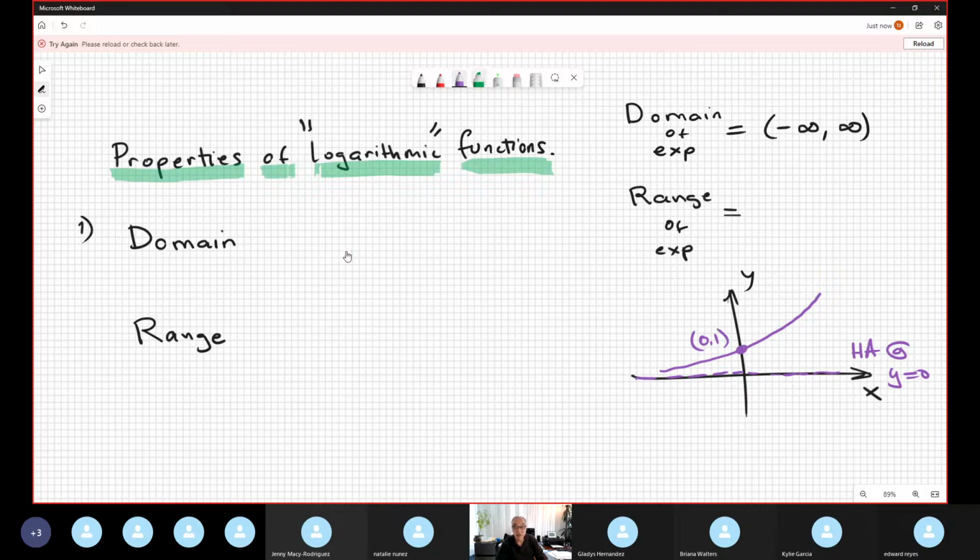You never see the exponential in the negative part. No, illegal. So the answer for any exponential, regardless of the base, 3, whatever, is positive. So it is (0, infinity), the range. It does not include 0 because it's asymptotic, I never touch it. This is the thing we studied last class.